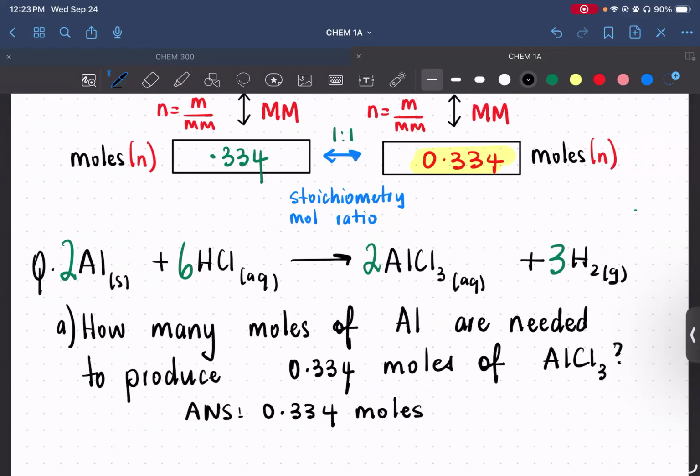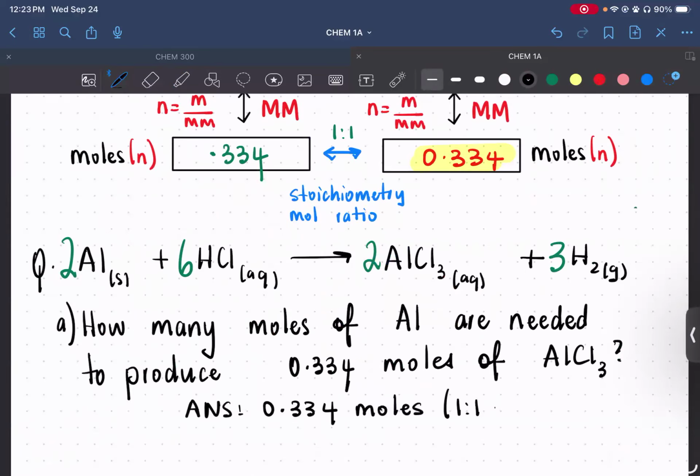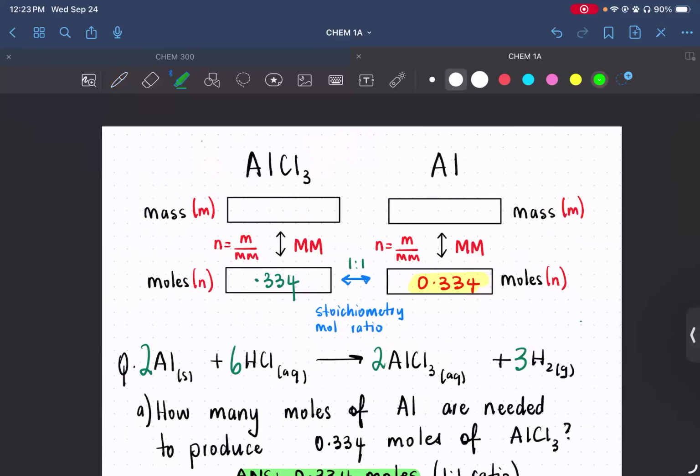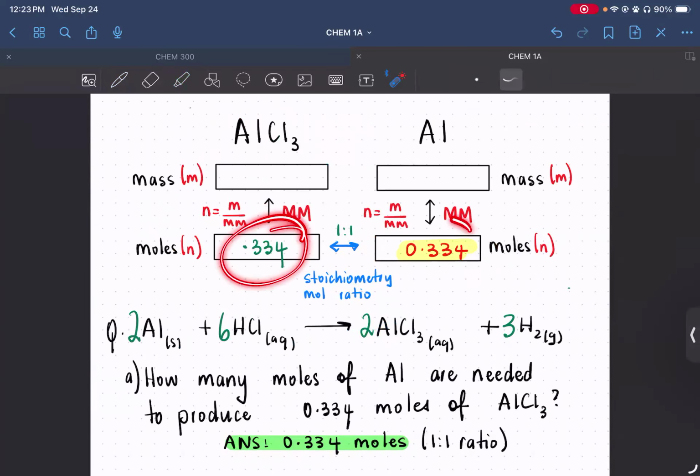And remember, the reason why we were able to make this so easy is because this was a 1 to 1 ratio. So this is the simplest case. You plug in the values, they're right beside one another, and the ratio just happens to be 1 to 1. That's the simplest case. You don't need much math. You don't need your calculator.